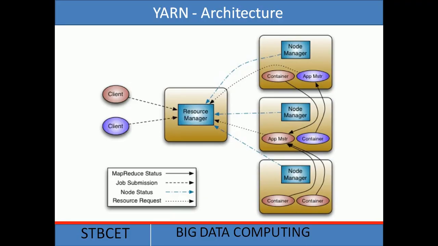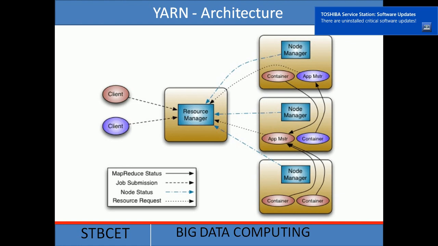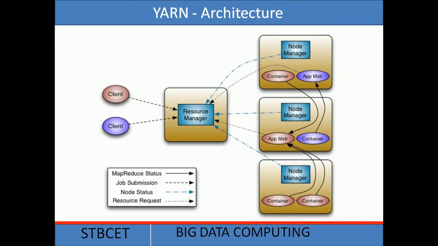This is the YARN architecture. Client submits the applications or requests the applications to the resource manager. Resource manager will further communicate to the node manager. Node managers have containers and an application master. For each application there is one application master.